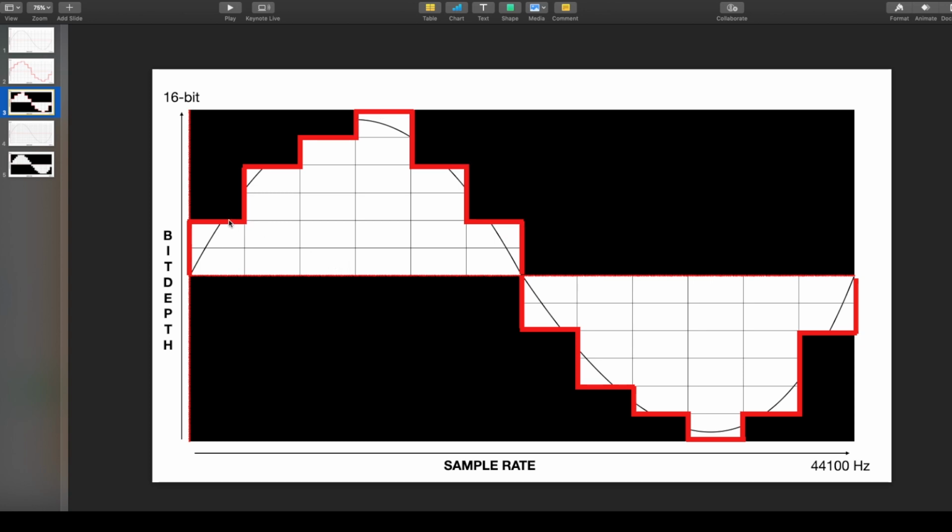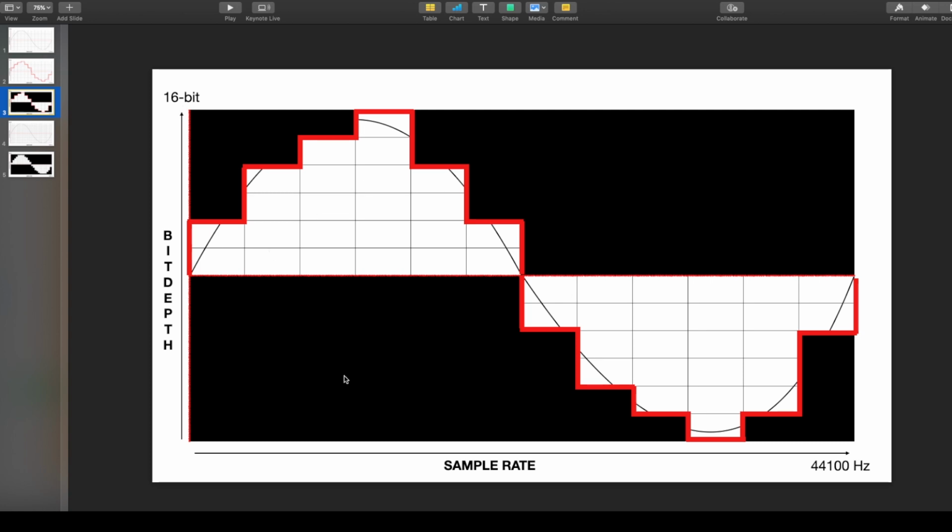Now this signal that was outside of this red line is going to get removed completely. And that removal of that signal is called a truncation error or a quantization error. This creates a subtle kind of distortion. When you go lower than 16 bits, this distortion is even more audible.